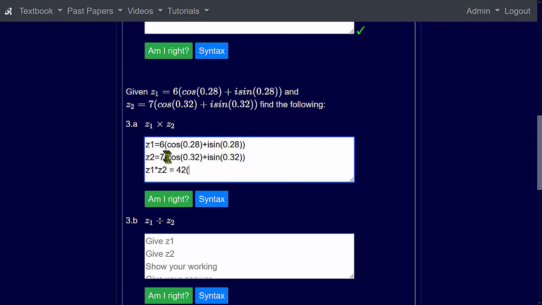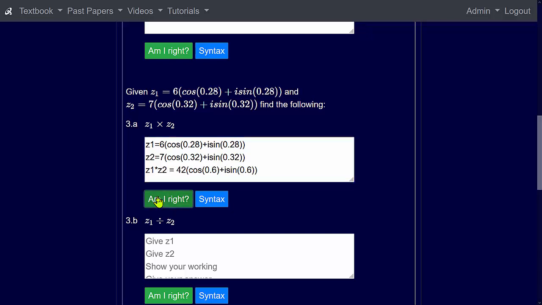Let me just copy these, stick them there. So we now add the arguments here, so it's 0.28 plus the 0.32, which is going to be 0.6, isn't it? So we delete those, and we want a 0.6 there.